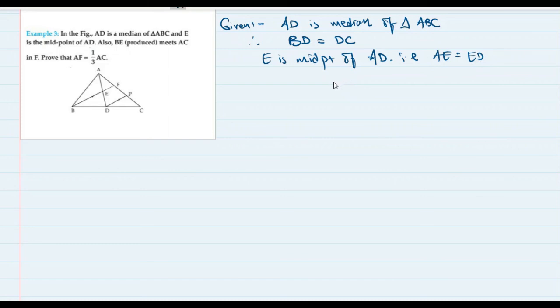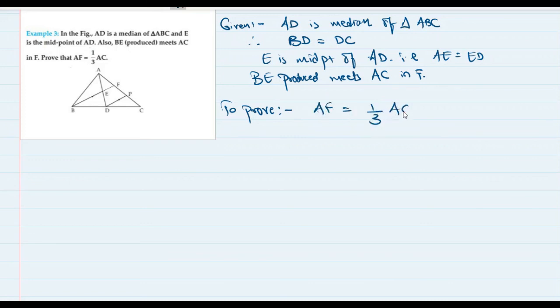Also BE produced meets AC in F. To prove: AF is 1/3 of AC.